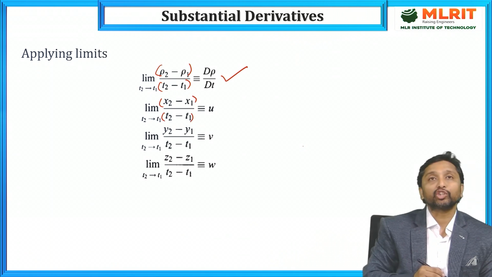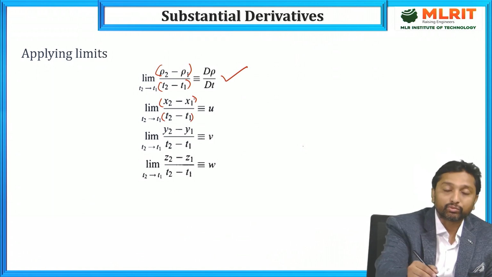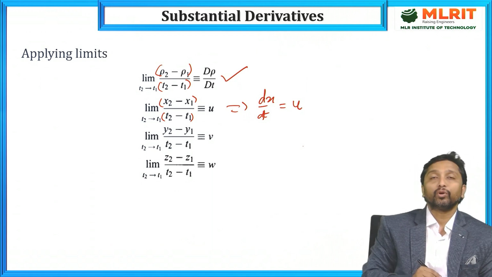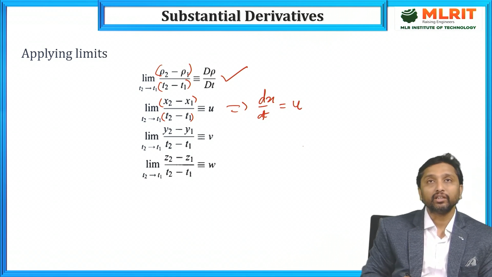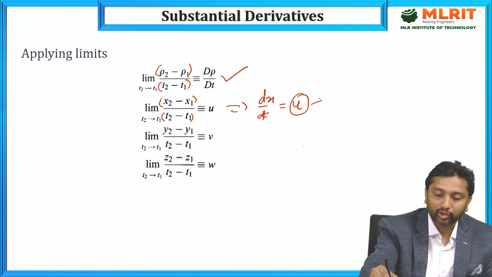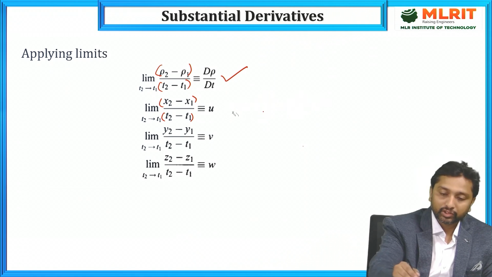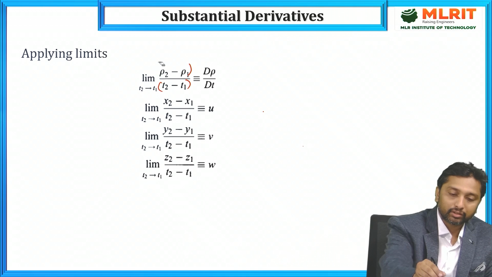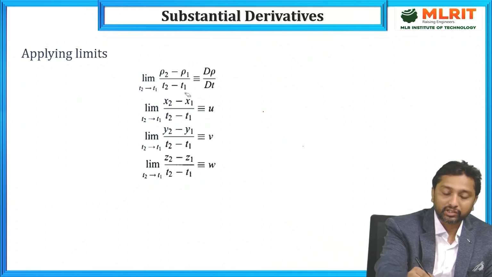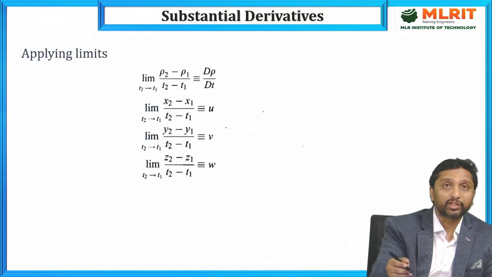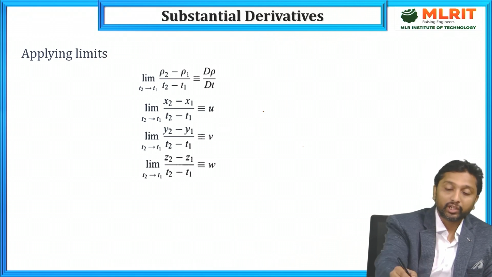the change in x component is x2 minus x1 by T2 minus T1. This can be written as dx by dt, which is nothing but the time rate of change of displacement in x direction, which is nothing but the velocity component. Similarly, if we consider y2 minus y1 by T2 minus T1, this is the change in displacement in y direction.